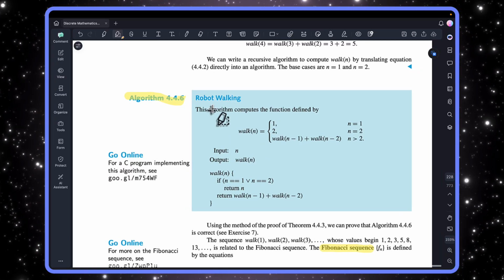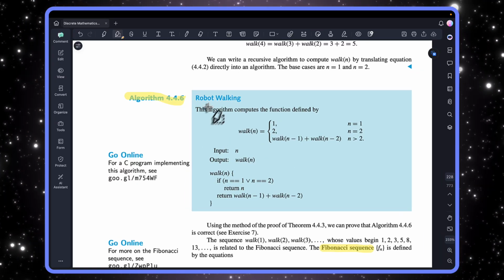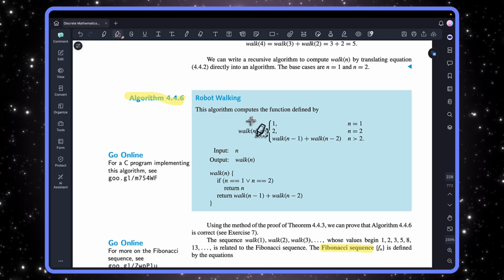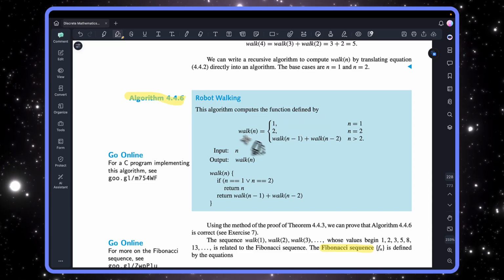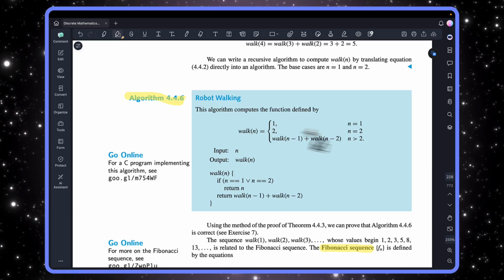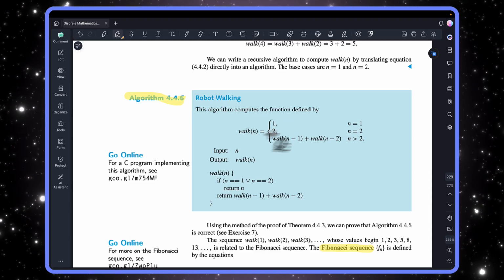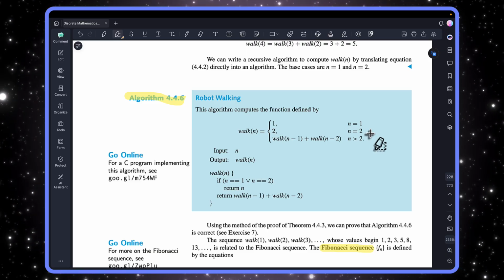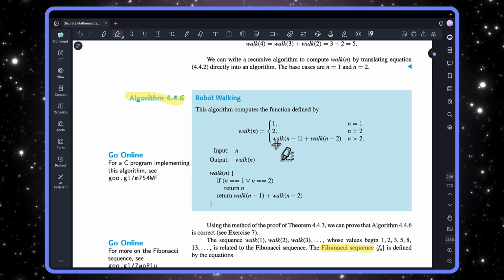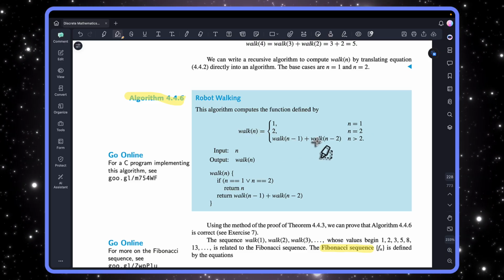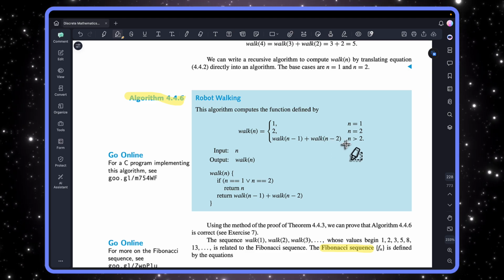Let's take a look at robot walking. This algorithm computes the function defined by walk(n) equals 1 if n equals 1, walk(n) equals 2 if n equals 2, and walk(n) equals walk(n-1) plus walk(n-2) if n is greater than 2.